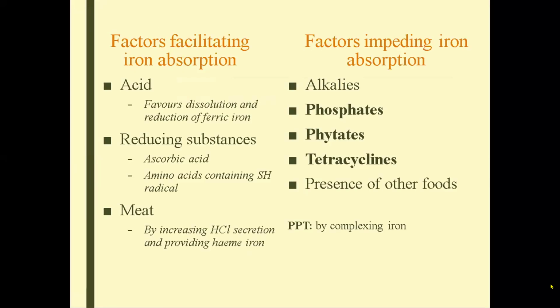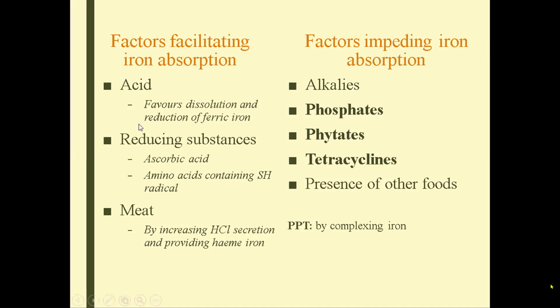Now, there are factors facilitating absorption. This is basically for the inorganic form of iron. Heme iron is usually not affected by the presence or absence of other factors. But for the inorganic form of iron, there are certain factors which facilitate absorption and certain factors which inhibit or impede absorption.